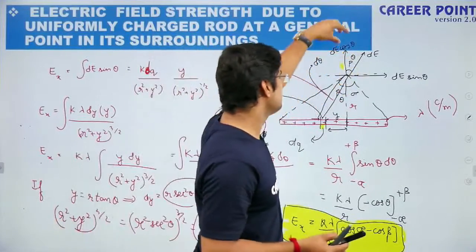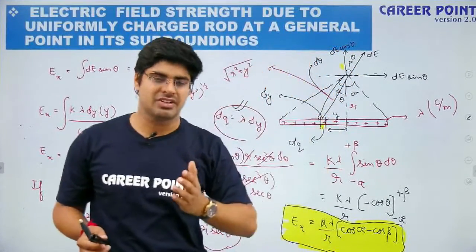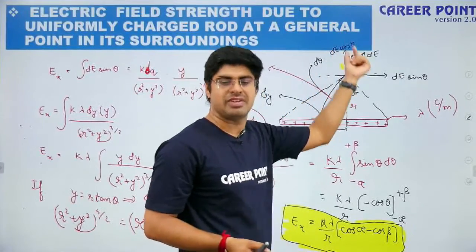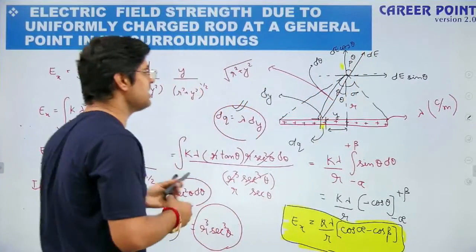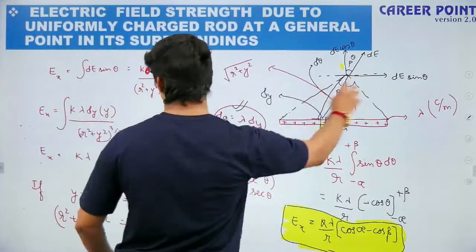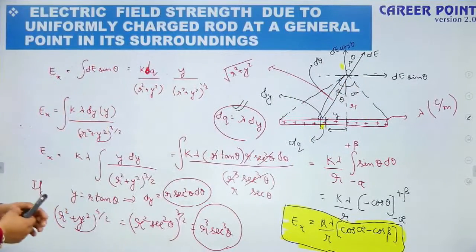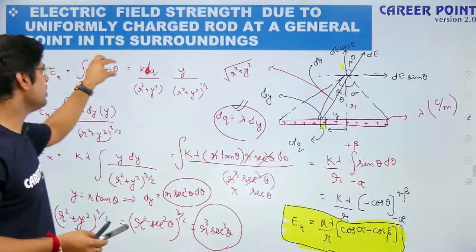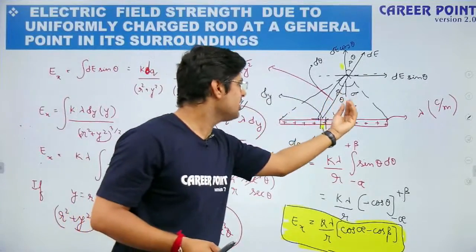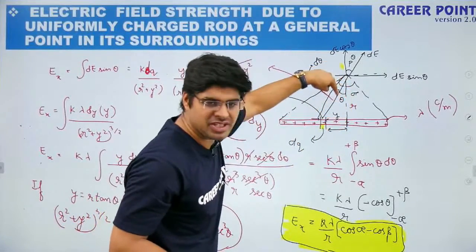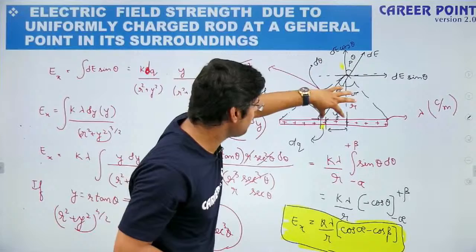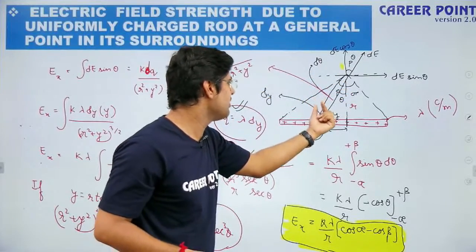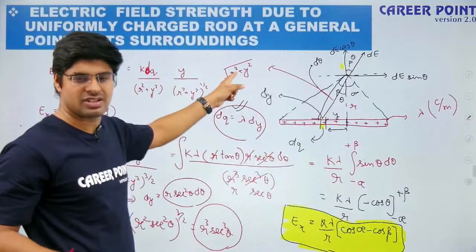If I integrate dE cos theta, I will get the net electric field in the y direction, Ey. So once I have integrated dE sin theta, the integration becomes k dq by (r square plus y square) into the value of sin theta. What is the value of sin theta? Theta we have mentioned here, right? So sin theta will be perpendicular y by hypotenuse, under root of r square plus y square. That's what we have written here.